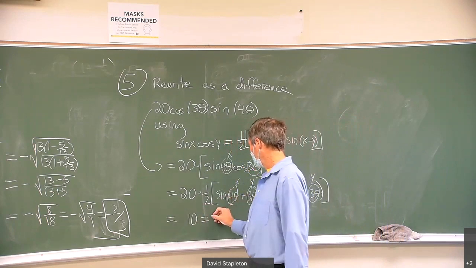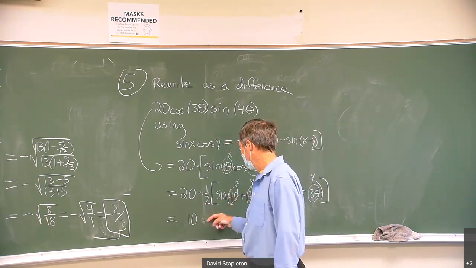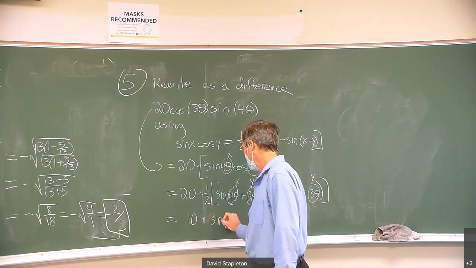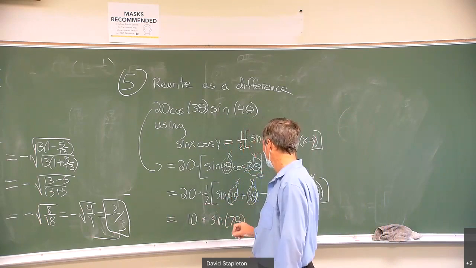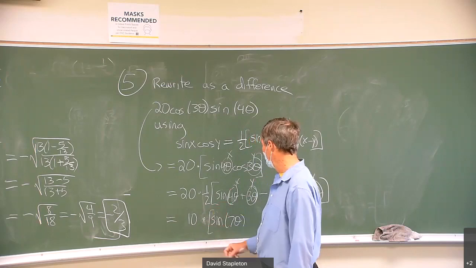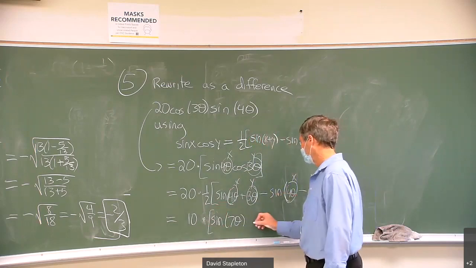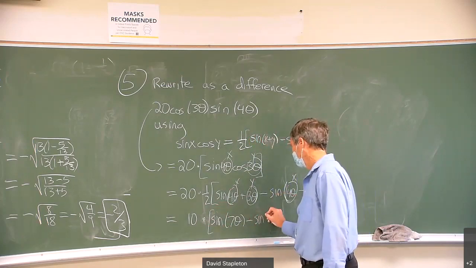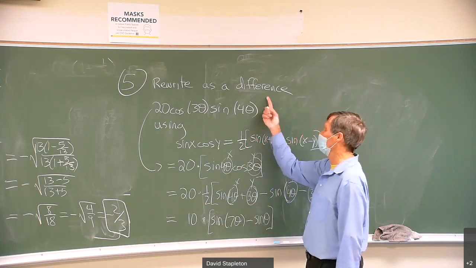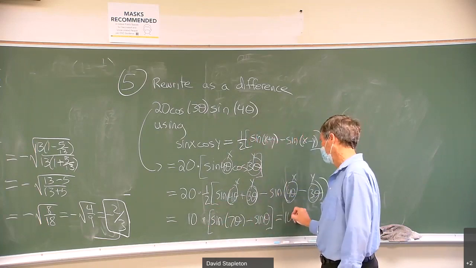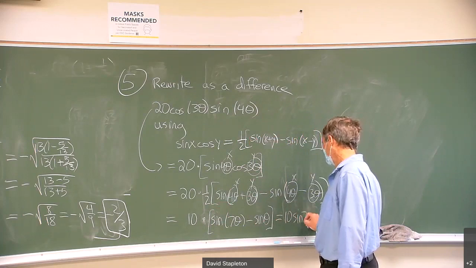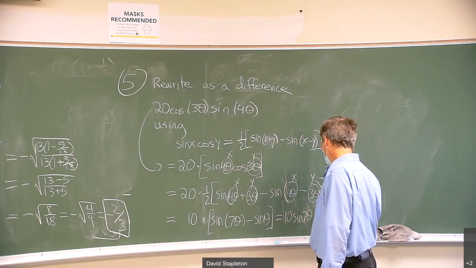Sine of 4 theta plus 3 theta is 7 theta. And 4 theta minus 3 theta is theta. Maybe to strictly follow the prescription, I should call it 10 sine 7 theta minus 10 sine theta.